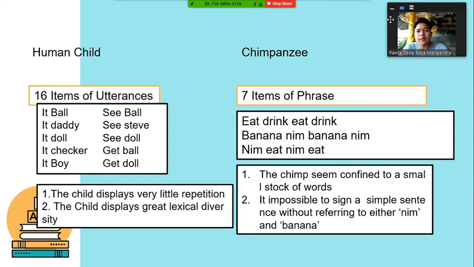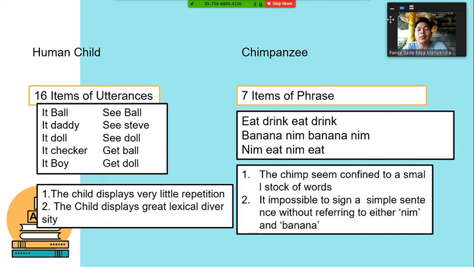the child displays very little repetition, but the chimp seems confined to a stock of words. The child displays great lexical diversity, but for the chimpanzee, it's impossible to sign a simple sentence without referring to either name and banana.